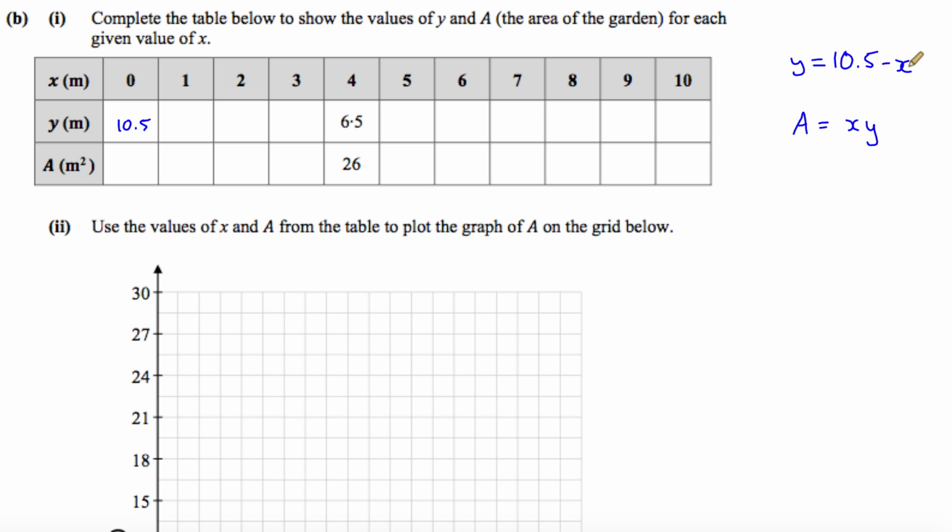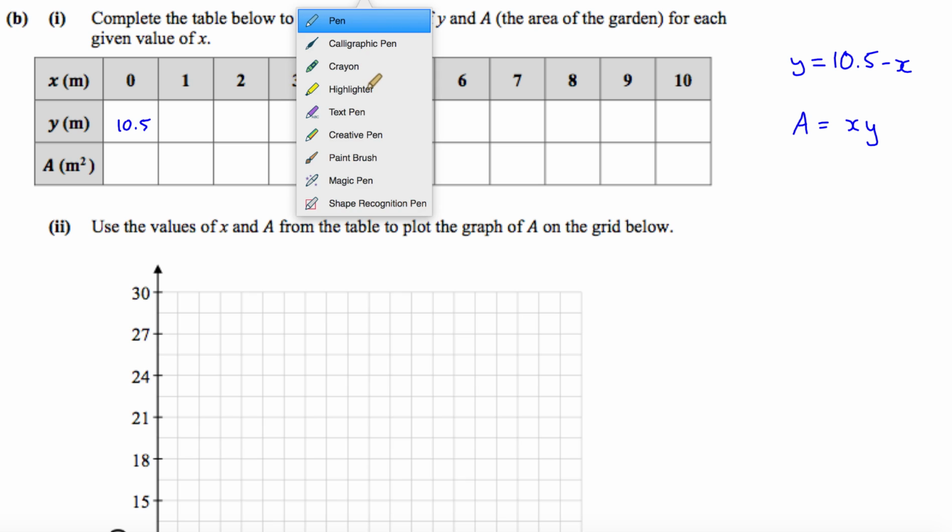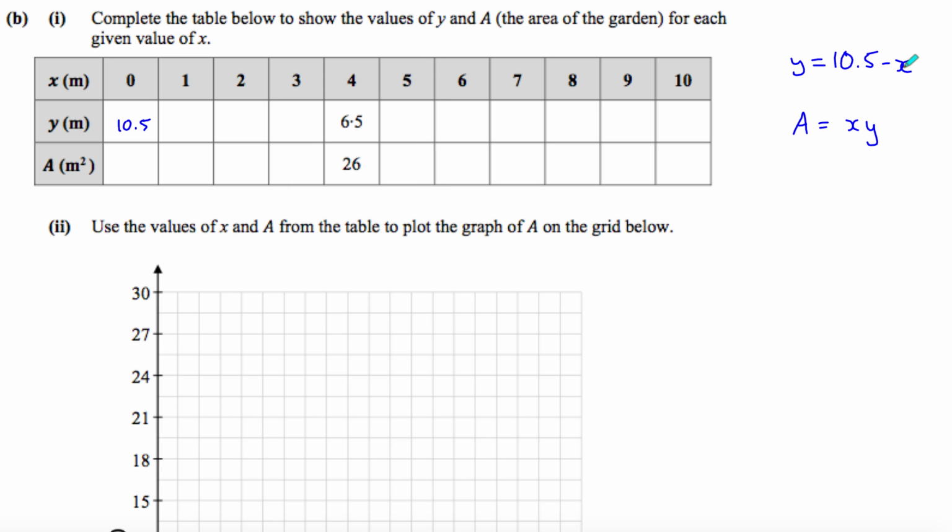And if we change the x value to 1, y will be 10.5 minus 1. So just to be clear, we're replacing these x values with all these values here in turn. So if I replace that x with 1, y is equal to 10.5 minus 1, which is 9.5.